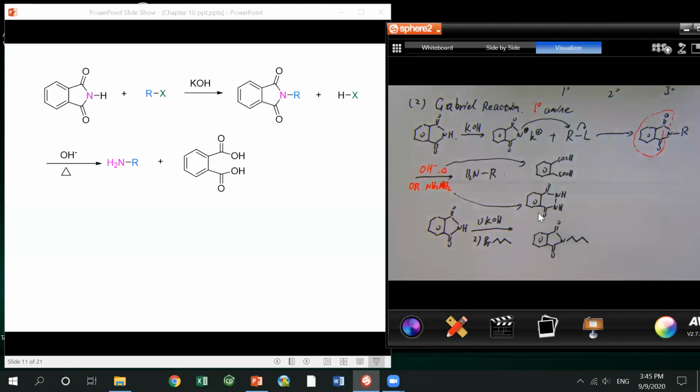Then you just do deprotection. Here I use hydrazine, NH2NH2, and it gives you butylamine.